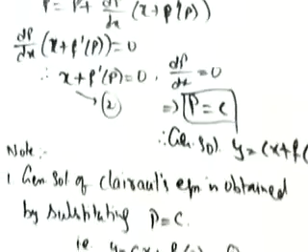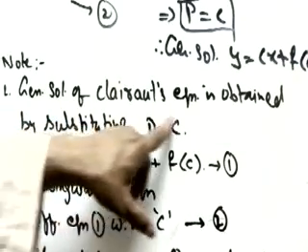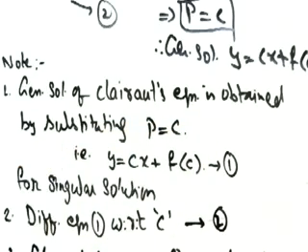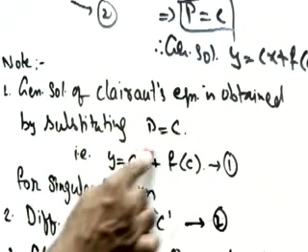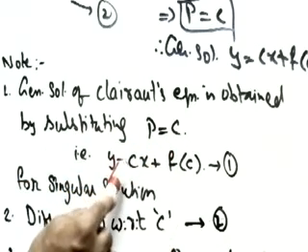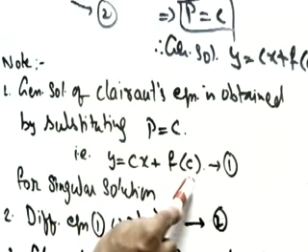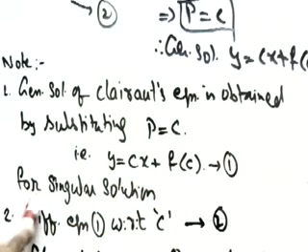That equation is called the singular solution. Just recall that the general solution of Clairaut's equation is obtained by substituting p equals c. Therefore, we get y equals cx plus f of c.